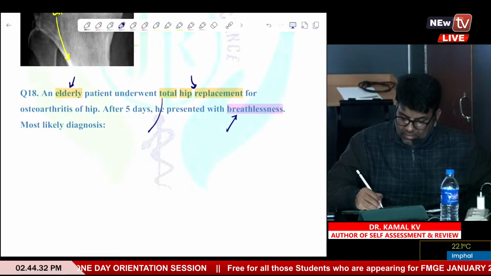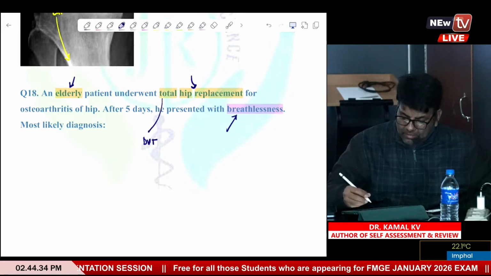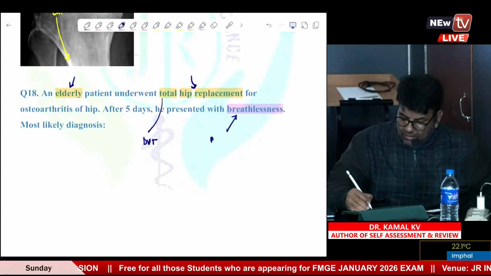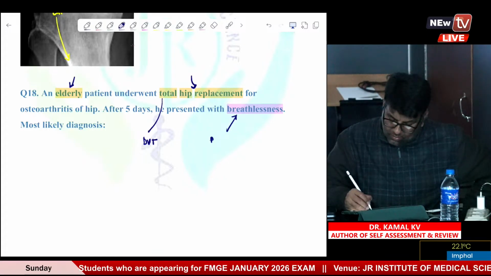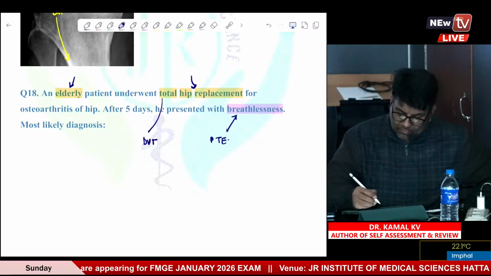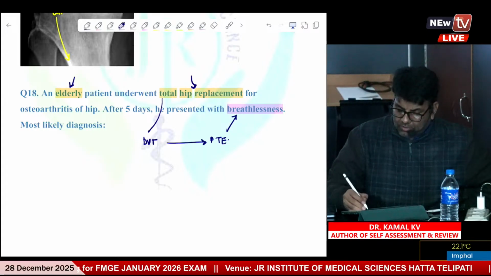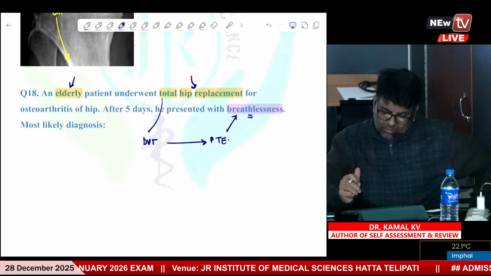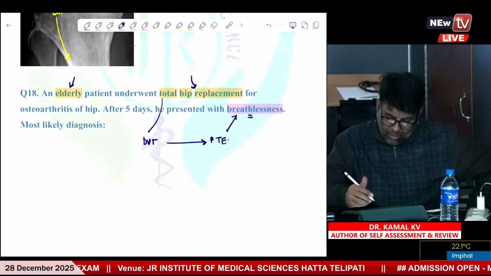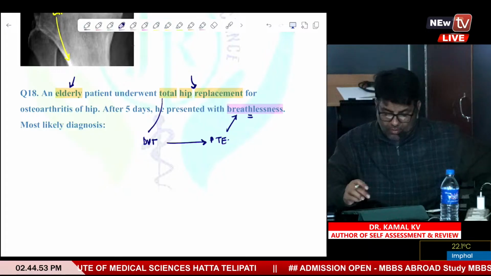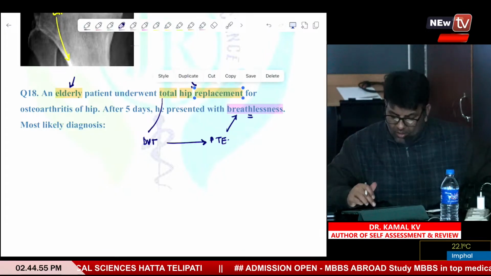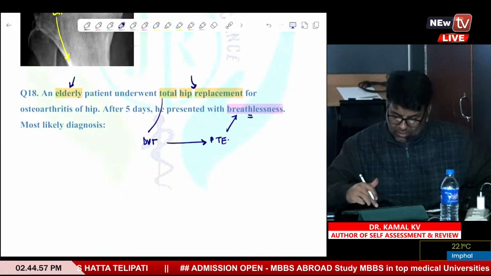So it means there is DVT which can result into pulmonary thromboembolism. Right? So breathlessness suggests there is thromboembolism, and it is secondary to DVT, which is seen in elderly people who have undergone long duration surgeries like THR.